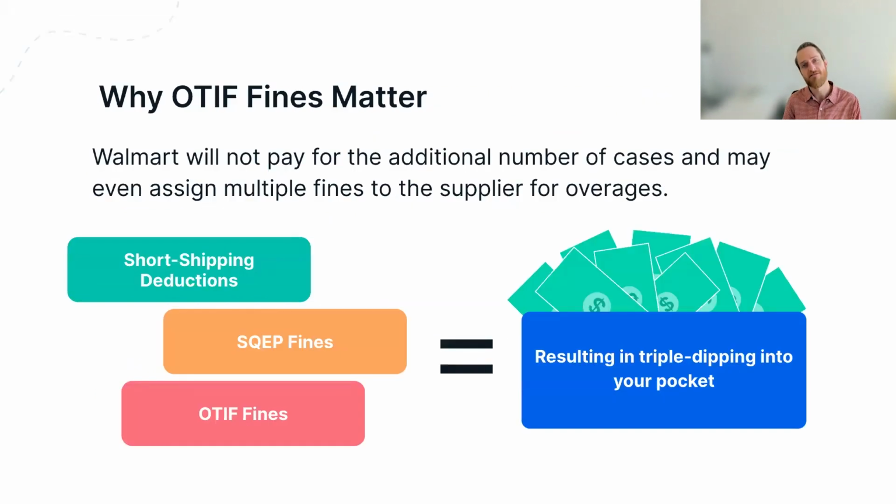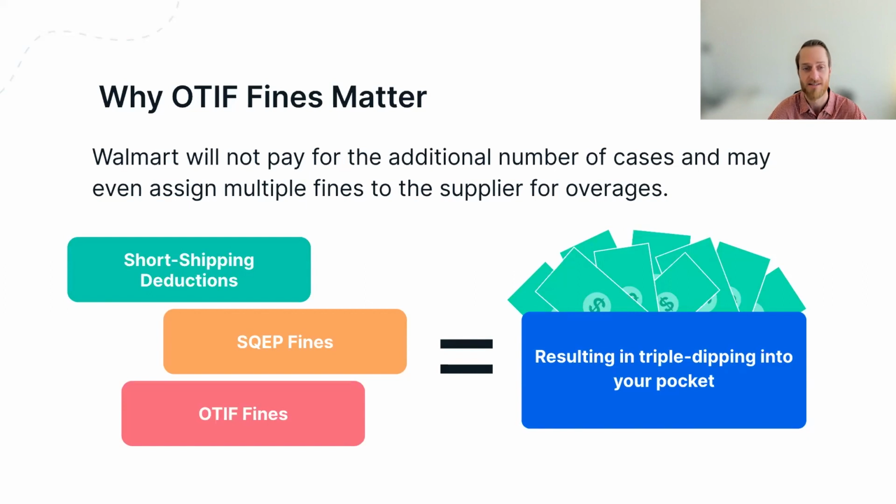So OTIF fines and other revenue loss can all add up or stack up, and that's what we called out here. Just a reminder that it's a tough game sometimes with these chargeback deductions and compliance requirements.